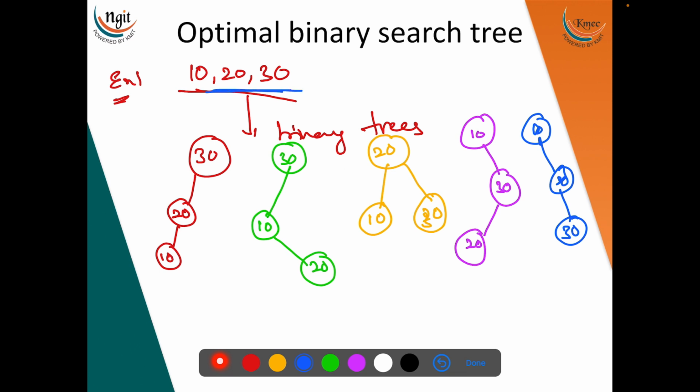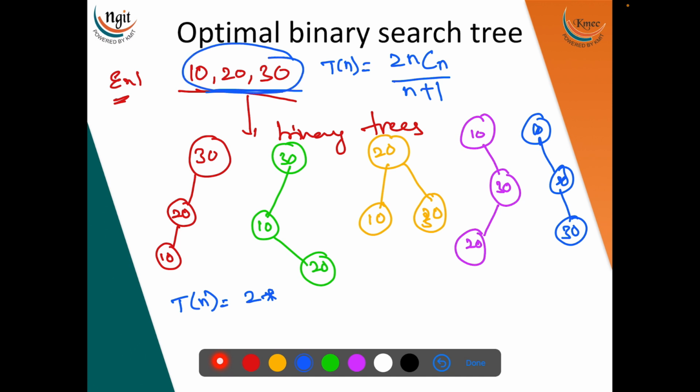The formula is T of n is equal to 2nCn by n plus 1. Now T of n is equal to 2 into n, where n is 3, so 6C3 by 3 plus 1, that is 6C3 by 4.